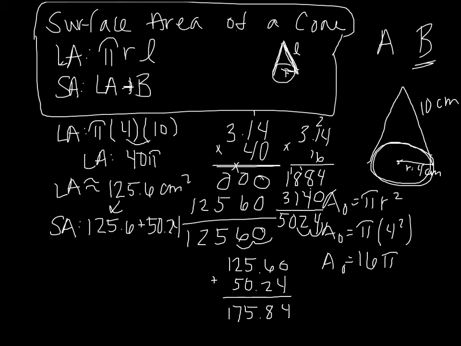And bring down my 1. So my surface area is about, because it's not exactly this number because we rounded pi to 3.14, about 175 and 84 hundredths centimeters squared.